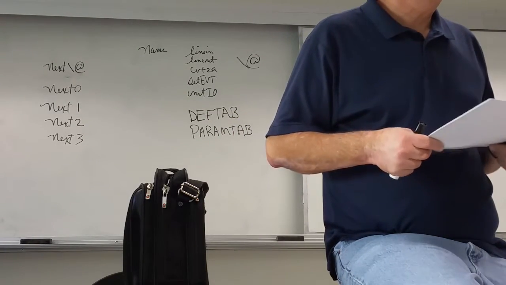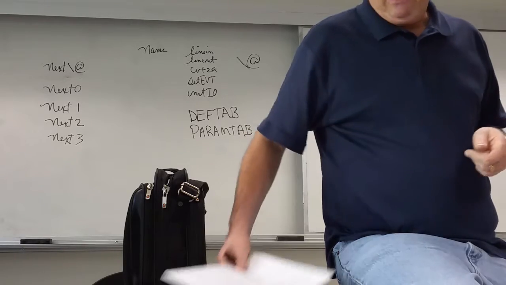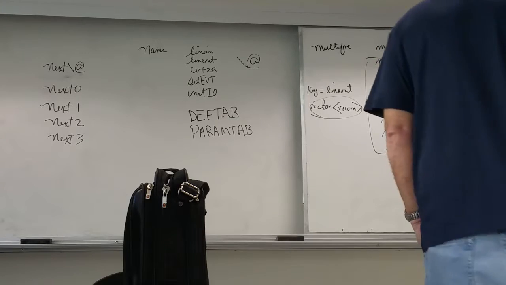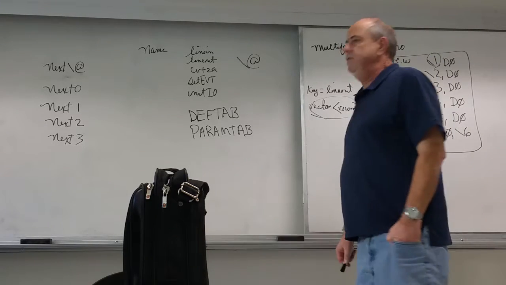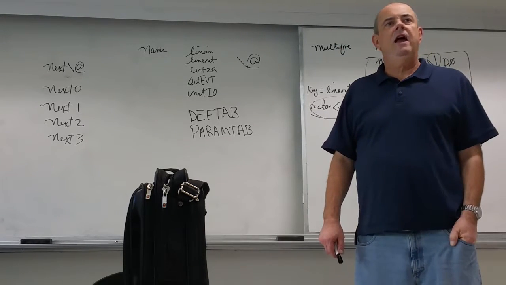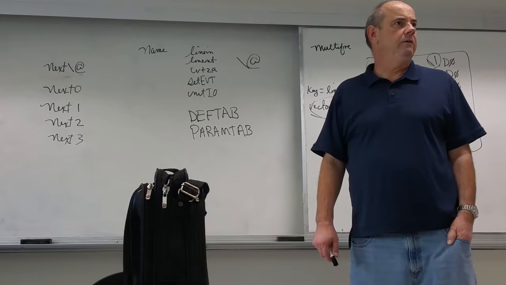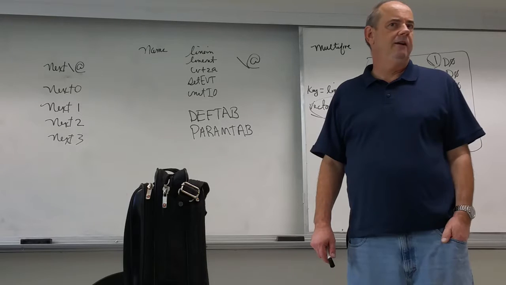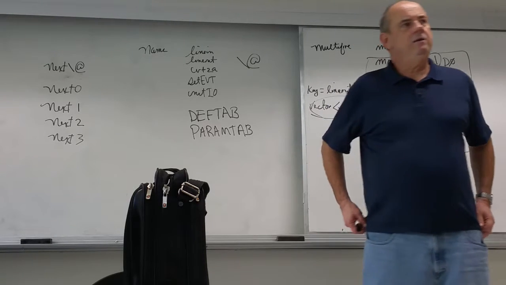Anyone? The \at does it, right? But how are we going to store it? You might say, okay, a counter, that's easy. But the question is, how do we know which counter goes with which macro?